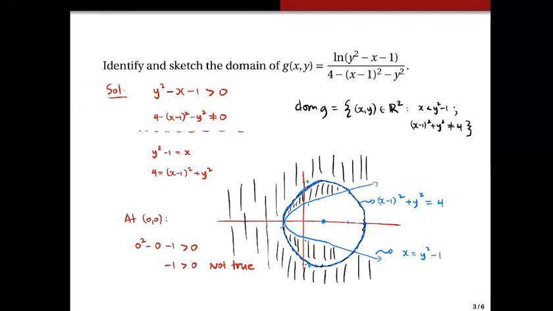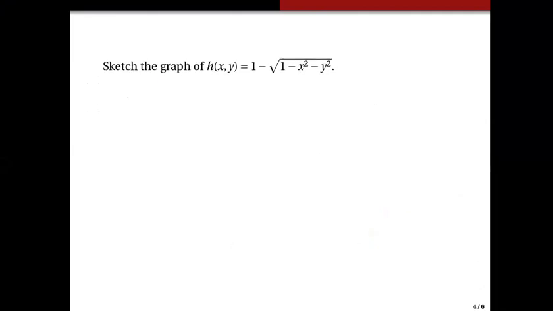For our next problem here, we want to sketch the graph of h of (x, y) equals 1 minus the square root of 1 minus x squared minus y squared. In the previous two problems, we were asked to identify or sketch the domain.